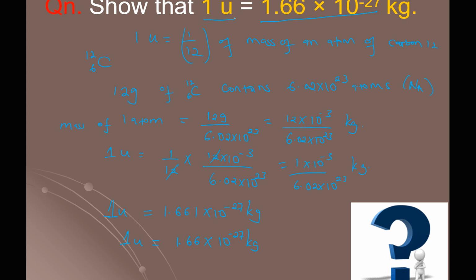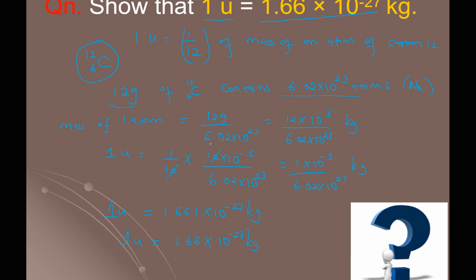And we said if we have carbon 12 as that, the nucleon number is the mass in grams, and that is equivalent to 1 mole. So 1 mole of carbon 12, which is 12 grams, contains the Avogadro's number, which is the number of atoms contained in 12 grams of carbon 12. So we could find the mass of one atom by dividing 12 grams by the total number of atoms in 1 mole.